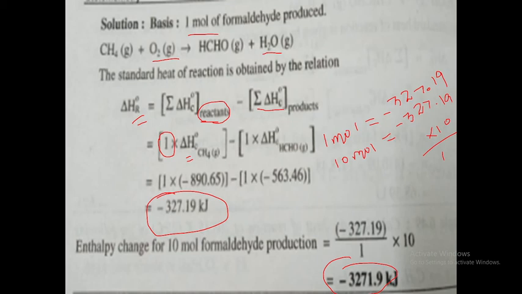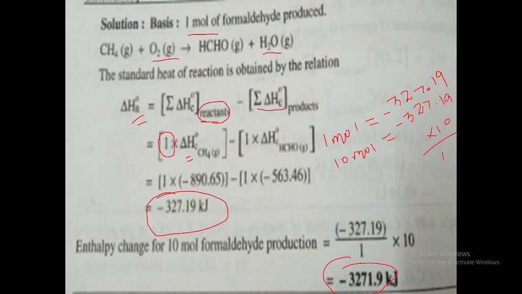Okay. So finally we get 327.19 kilojoule. This is a negative value. Is it correct? So the standard heat of reaction is a negative value. Whether the reaction is exothermic or endothermic is based on the standard heat of reaction value.